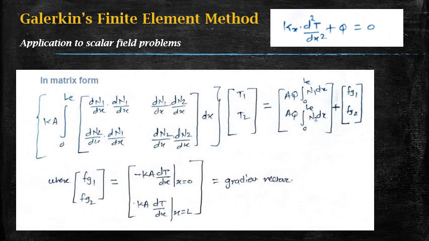Now whatever two equations we have derived, we have written these equations in the matrix form. So this matrix equation represents a set of two simultaneous equations. So this matrix represents the element conductance matrix. This is a nodal temperature vector.